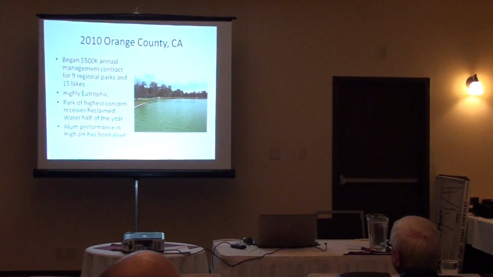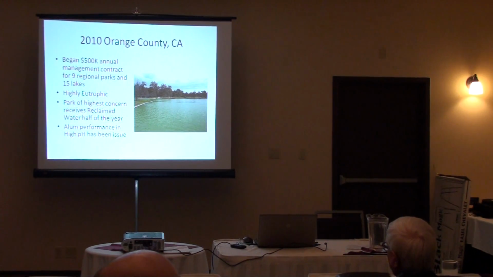The other product we've been working with a little bit is the lanthanum product Harry mentioned, Phoslock, which just recently came to market. A little bit of history: we took over a contract in Orange County in 2010. One of the problems in Southern California is that these lakes are all hyper-eutrophic, and in some cases these lakes are taking reclaimed water straight from the treatment plant.